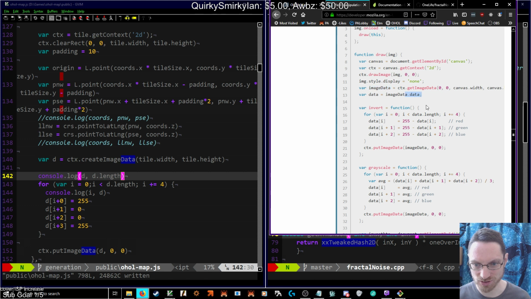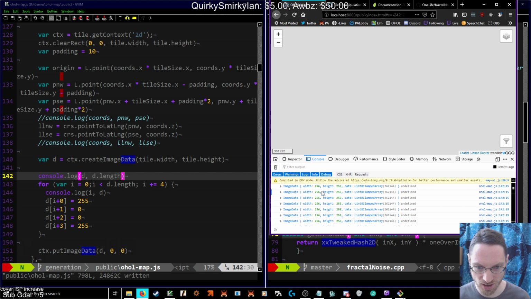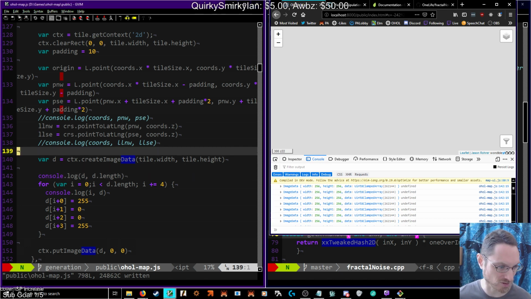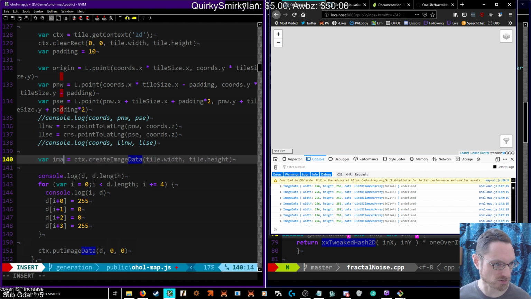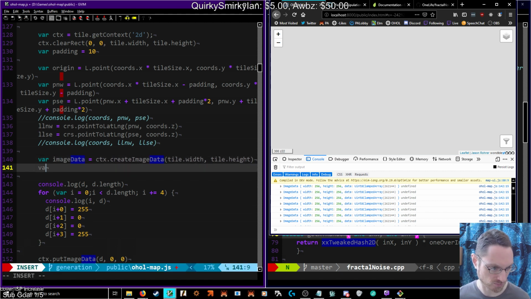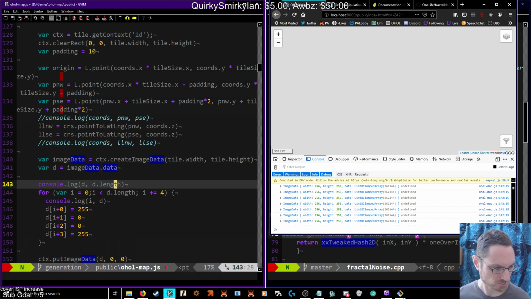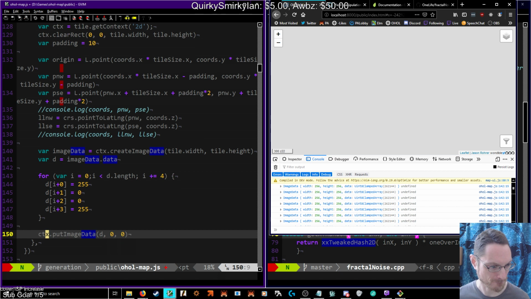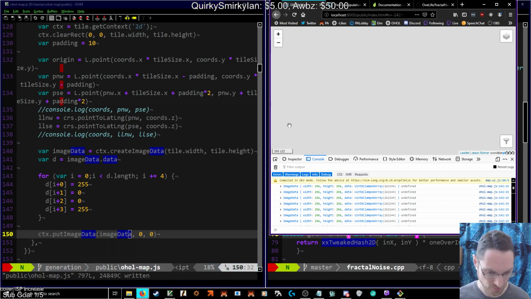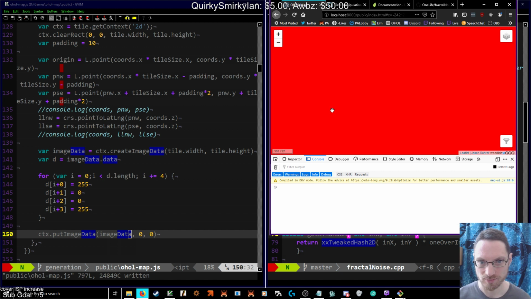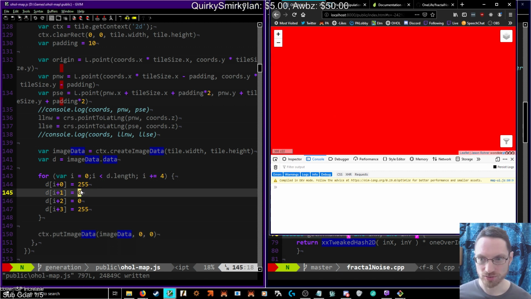The data, which is the array in the object, and an image data object has the width and the height information for its contained contents. Right, okay, so image data, sure. We don't need to do a lot of manipulation on that. There we go. So we can write stuff.